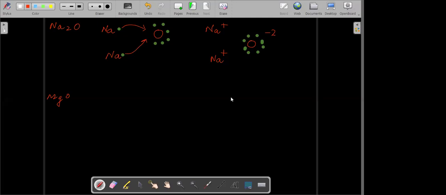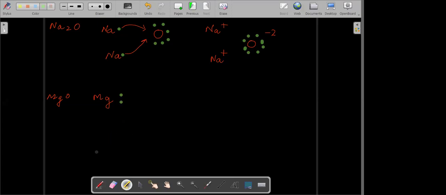Sir, 2 bonds of magnesium are shared with 6 bonds of oxygen in MgO. Not bonds, we call them electrons. So 2 electrons of magnesium, they are shared with the oxygen. So the single oxygen is gaining the 2 electrons. So we write here Mg, first we write its electron dot structure.